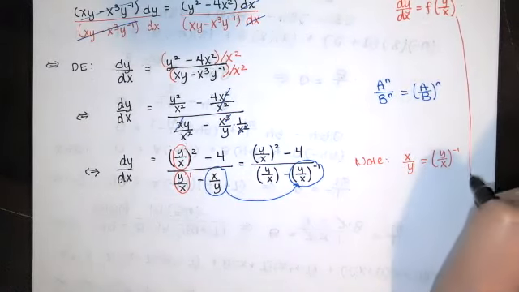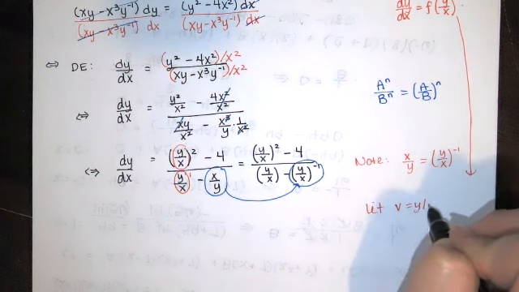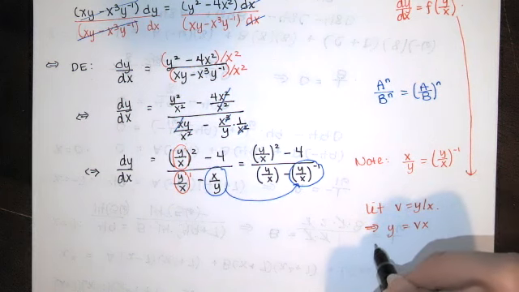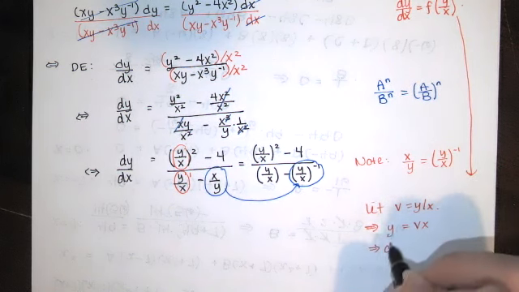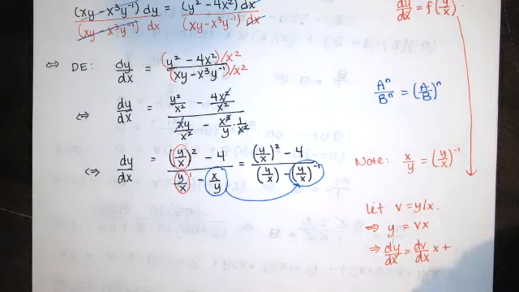And we did a lot of algebra to get down to here. So now we're going to let v equal y over x, then solve for y. So y is v times x. And then you want to compute dy. By the product rule, we'll have derivative of the first times the second plus derivative of the second, which is 1 with respect to x, times the first.